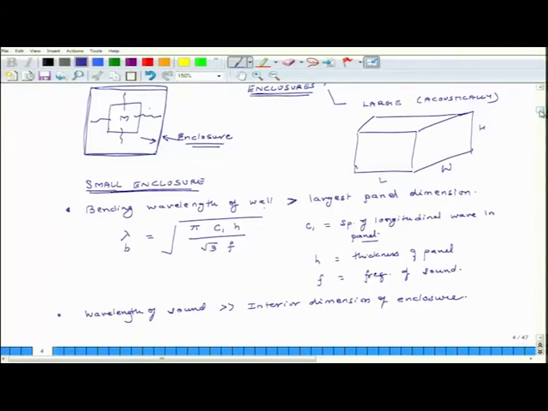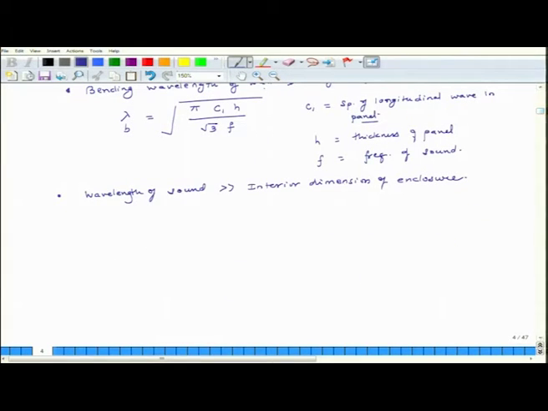So, for practical purposes we can say that L max, the largest dimension of the enclosure, divided by lambda, where lambda is c over f, is small compared to 0.1.